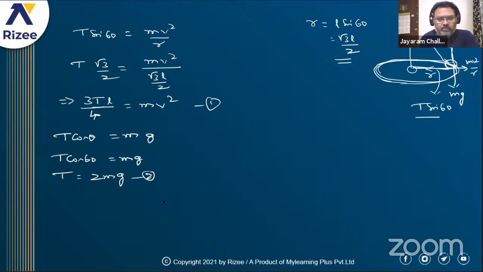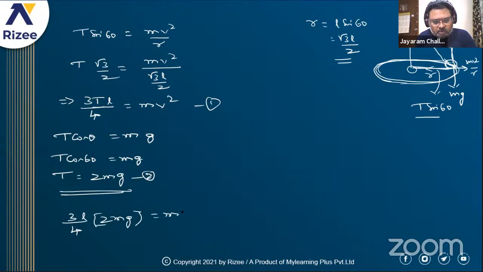This is your second one. Substitute the second one in the first equation, please. So from here we get 3 by 4 times L, and the tension is 2mg. This should be equal to mv square. Remove these two things. This goes 2 times here.